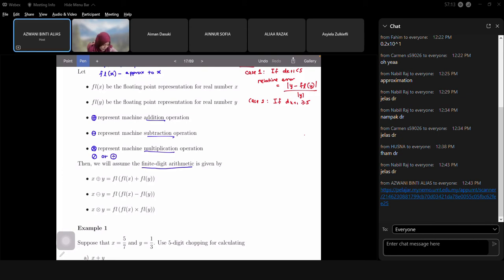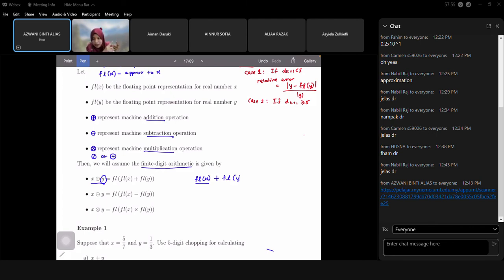Let's say X plus Y. What happens is that in finite digit arithmetic, X itself becomes a floating number, so there is already an error there. X is the original, and the floating number is the approximation of X, for example if they ask you to chop to some digit. So in this case, you calculate the floating number of X first, and the floating number of Y. There are already two calculations here.